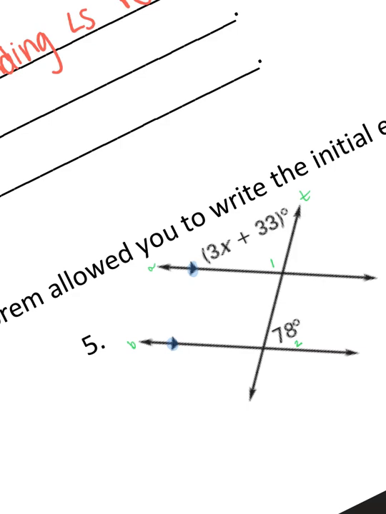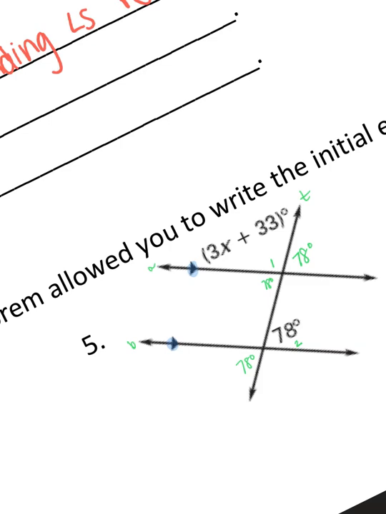So what we're going to do is, if this is 78 degrees, angle 2, then we can mark some of the other angles 78 degrees. So if this is 78 degrees, then this angle right here is also going to be 78 degrees by corresponding angles. Then we can mark this one 78 by vertical angles.